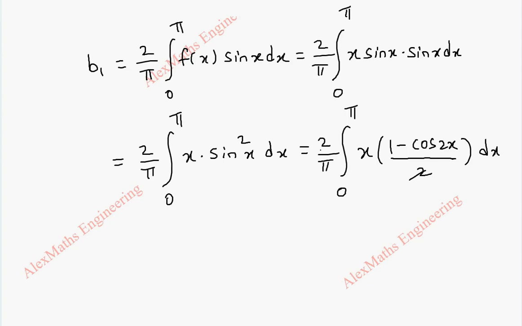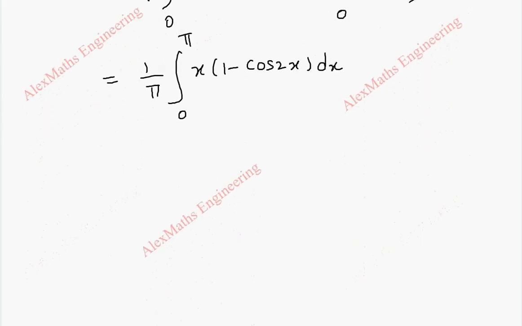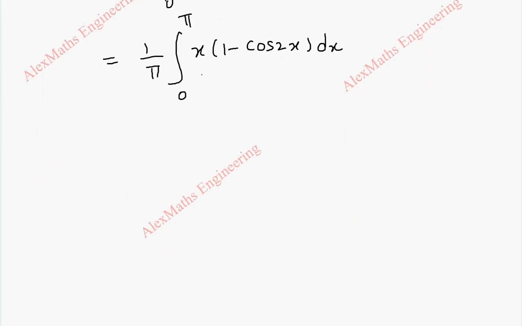So we can cancel this 2 and 2. So we have 1 by pi outside, integral 0 to pi x into 1 minus cos 2x dx. We are going to use Bernoulli's formula. So this is u and this is v. U equal to x and v equal to 1 minus cos 2x.